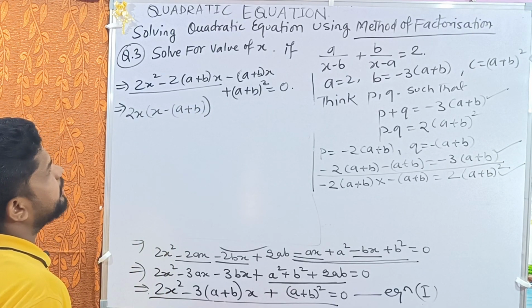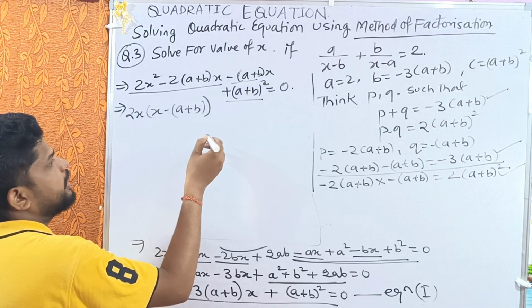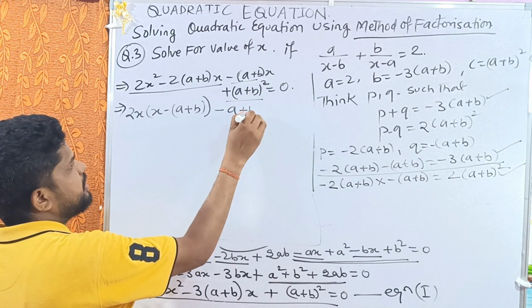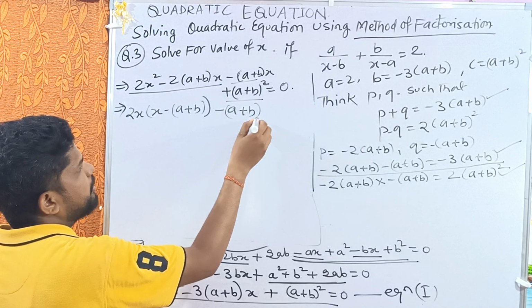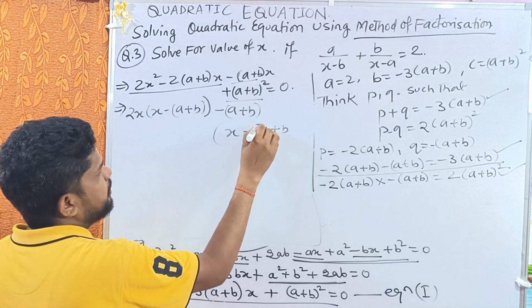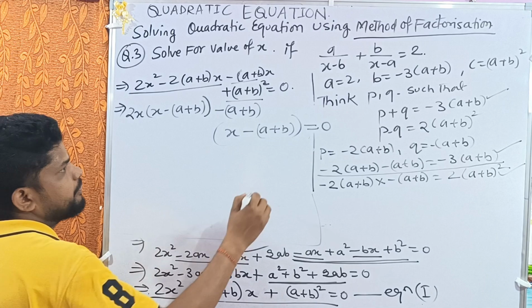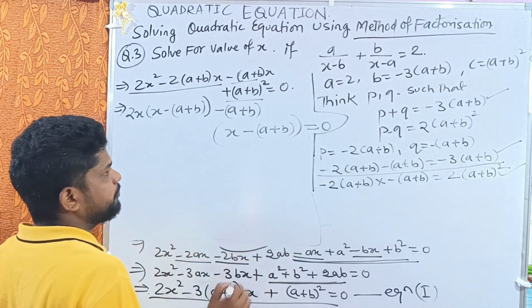And from the last two terms we will take minus (a plus b) as common, and what will remain inside will be x minus (a plus b), which equals 0.